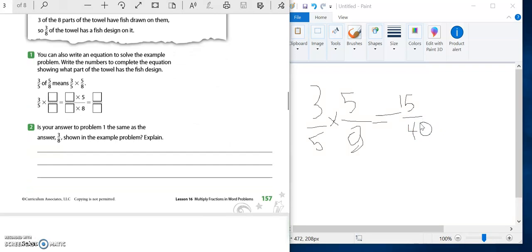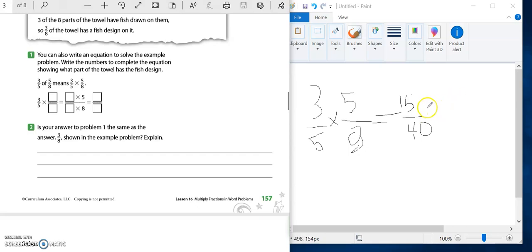Number 2, it says, is your answer to problem 1 the same answer as the 3/8 shown in the example problem, and explain? And our answer will be yes, 15/40 is equivalent to 3/8 because 3/8 times 5 over 5 would equal 15/40.